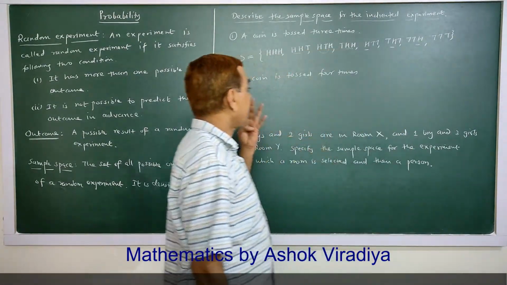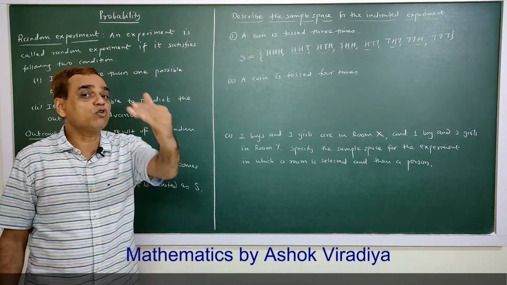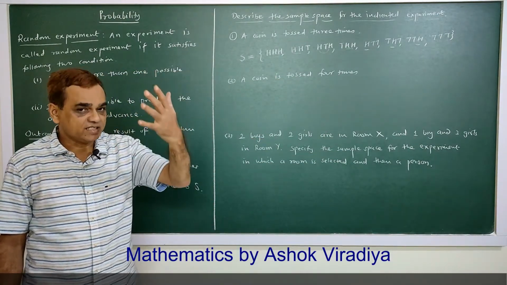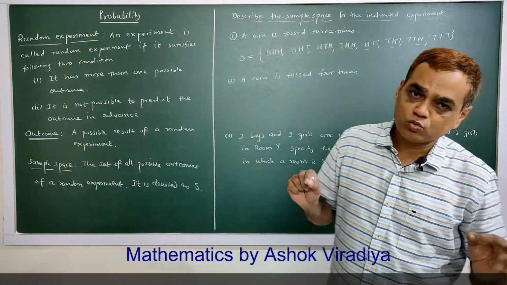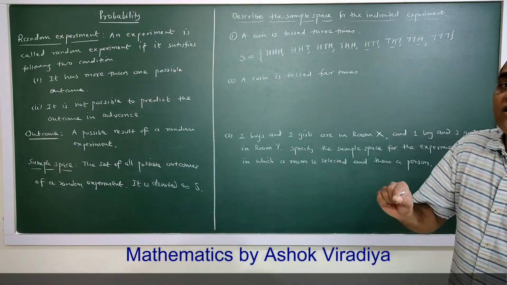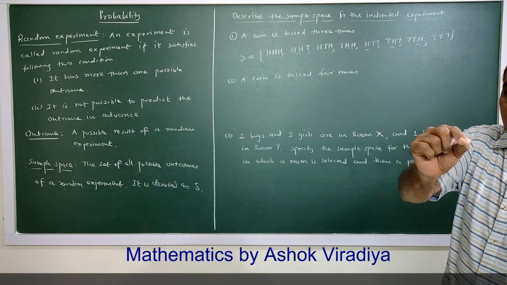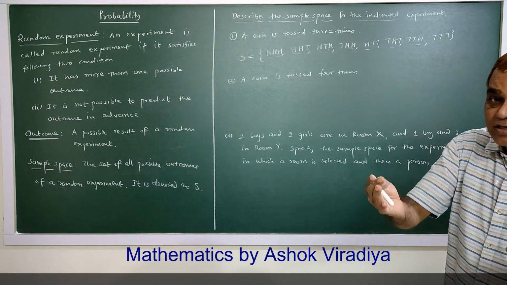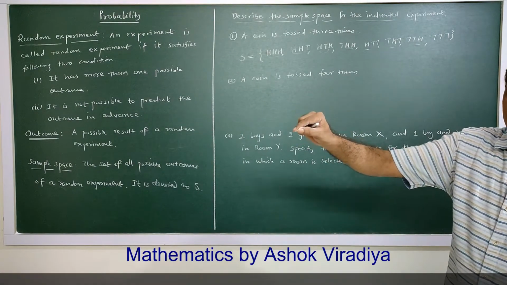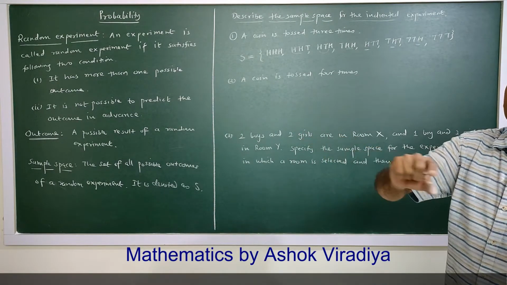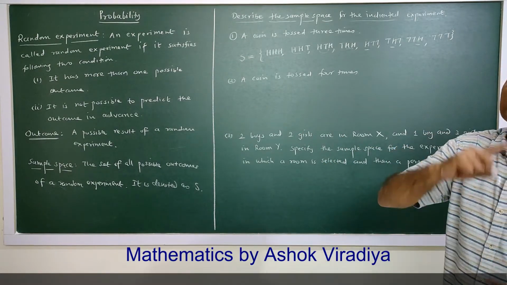If you toss 4 times, 2 raised to 4, that is 16. So remember the simple formula: if a coin is tossed n times, or n coins are tossed at a time, the outcomes are the same, the number of outcomes is 2 raised to n.